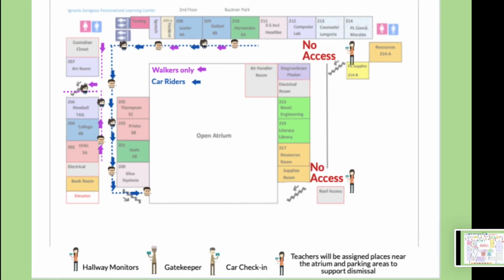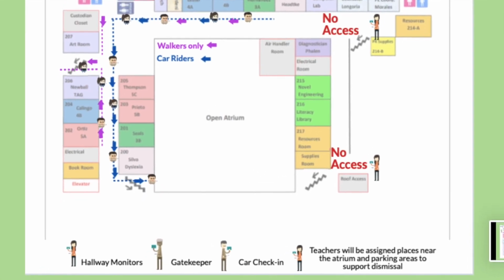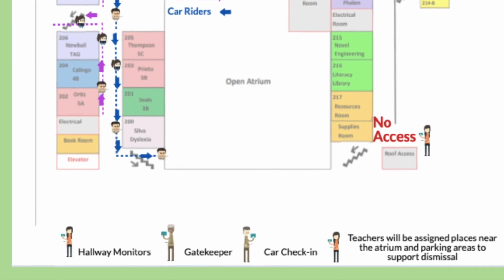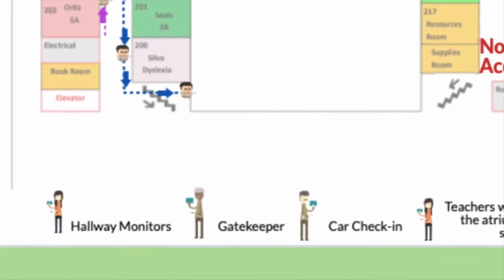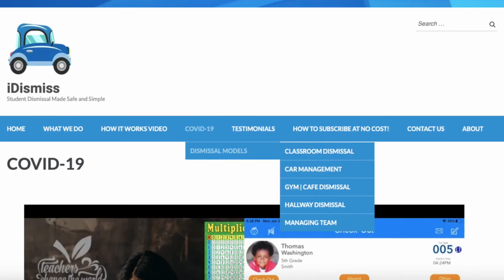One of the key things is identifying the staff members that are going to be involved. Who's going to be a hallway monitor, who's going to be the gatekeeper, who's going to be checking in cars, who's going to be doing what throughout that dismissal process, whether that's during COVID or not. For that, we have other models available for you.